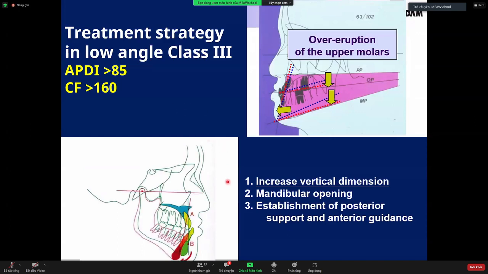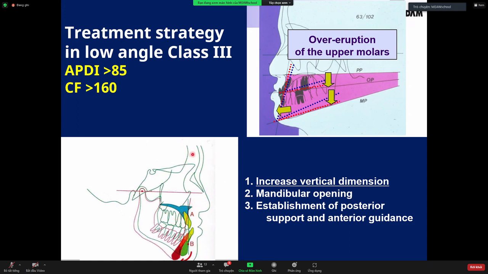In these two groups, the treatment strategy is different. In a low angle class 3 patient, the treatment strategy is first to increase vertical dimension.